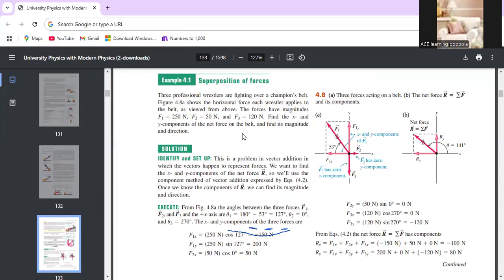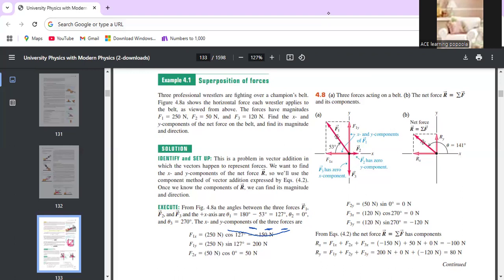So we're to find the X and Y components of the net force on the belt. Now, we can see from the question that three people are struggling with a belt. Maybe they are wrestling with it, fighting for it amongst each other. So three people are pulling on the belt. It's like maybe this is the belt, someone is pulling like that, the other person is pulling like that. So this is one. These are the people.